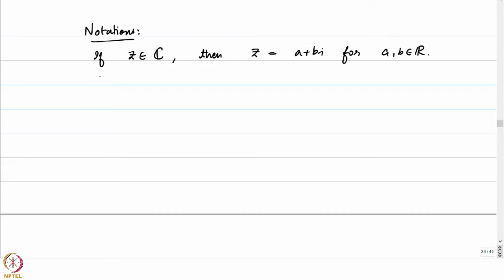For z, a complex number, z is equal to a plus ib. A is called, so this a is not the article a, it is this a. So a is called the real part of z.